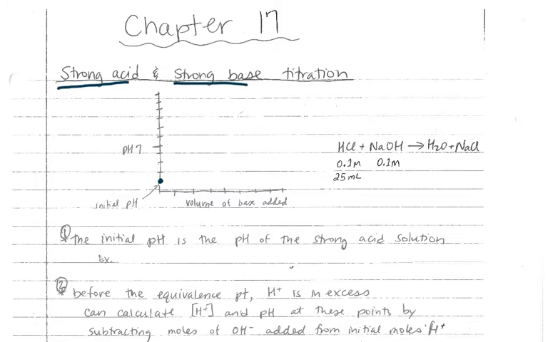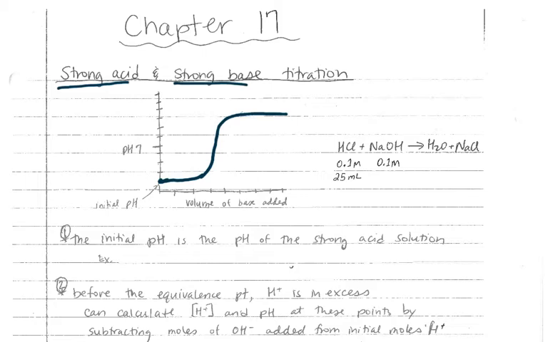Because there's a lot of H plus around in an acid. And as we start adding base, the volume of the base increases. Initially there's going to be very little change, but as the amount of base goes up, as we get closer to that equivalence point, the pH is going to rise up very quickly, and then it will plateau out again.